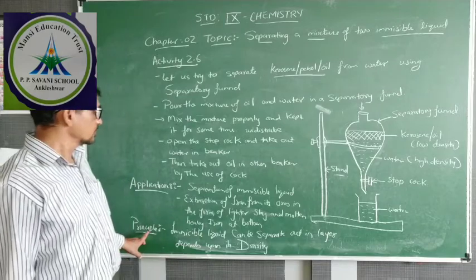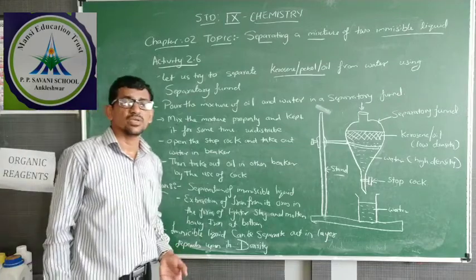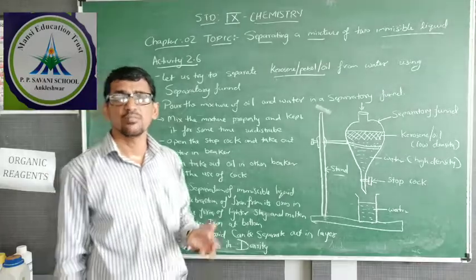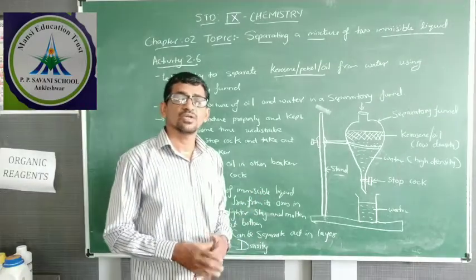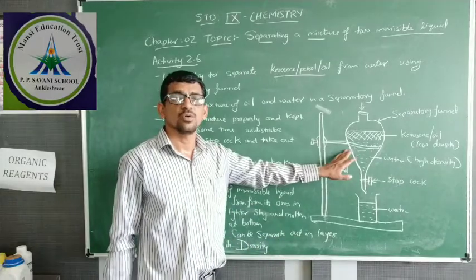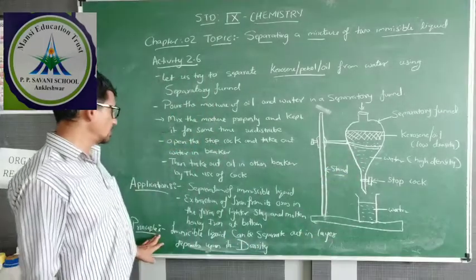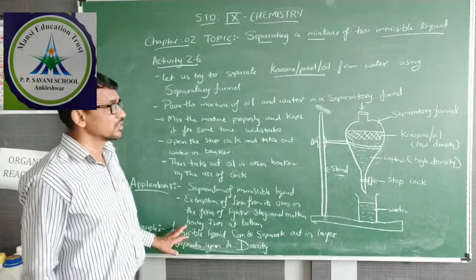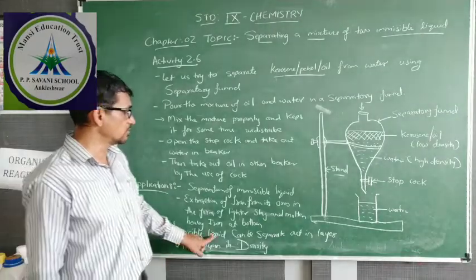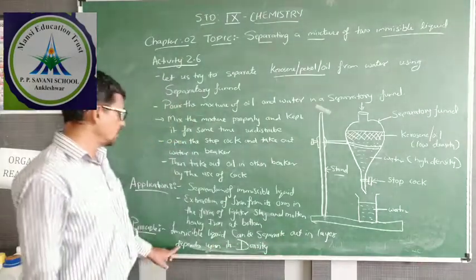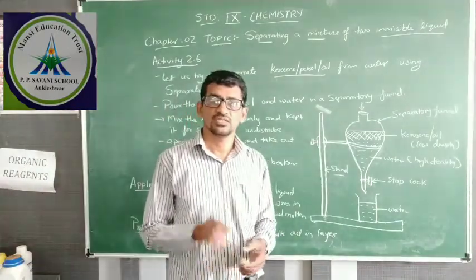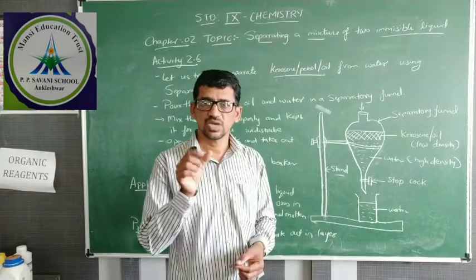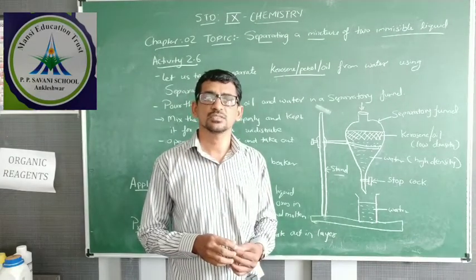Second application is in petrochemicals. Suppose we have kerosene, diesel, petrol. All these immiscible liquids can be separated with the help of this method. Another principle of why this separation takes place is density. Immiscible liquids separate into layers depending upon their density. Again I revise: density is equal to mass by volume, the ratio between mass and volume.